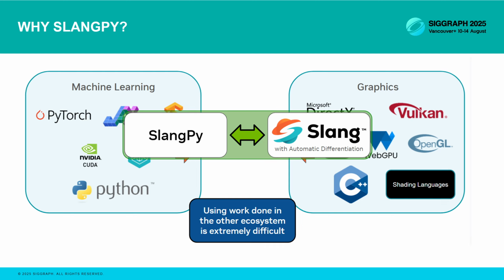Slang and SlangPy are kind of a common link between the two. By using Slang and SlangPy together, you can very easily target a machine learning environment or a graphics environment. And as is becoming increasingly common, you can put the two together. We'll talk more about this when we come to auto-differentiation in a moment.